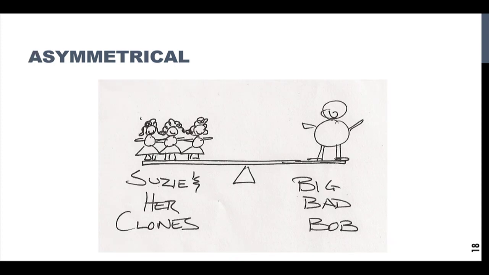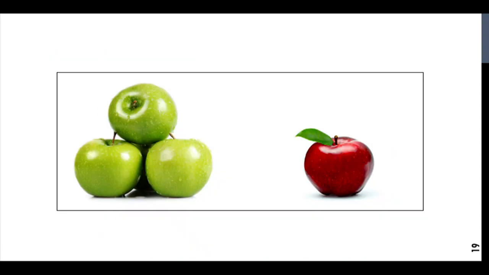We can also work with asymmetrical designs to create a sense of balance through equal weighting, although through different numbers of objects. You can see here with this cute image of Susie and her clones versus Big Bad Bob, that balance is achieved in this asymmetrical composition. Similarly, balance is attained here because the brightness of the red apple draws our eye in contrast to the 3 green apples, but they're still placed in a way that gives good visual balance.